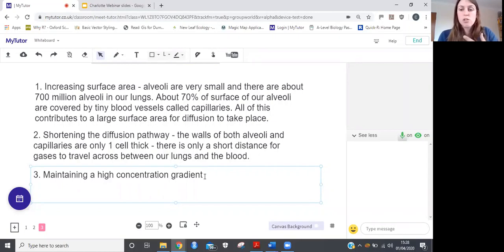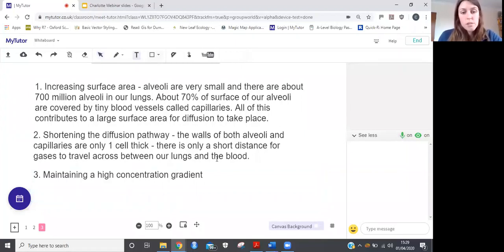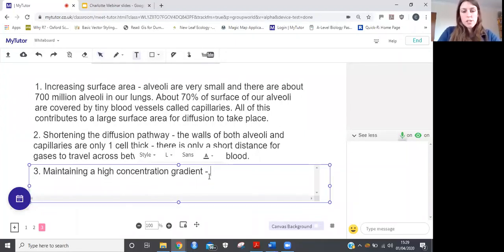So high concentration means that there's lots of particles of oxygen. And then we talk about the movement of those particles to an area of low concentration. And the difference between that area of high concentration and the area of low concentration is the concentration gradient. So, maintaining a high concentration gradient.